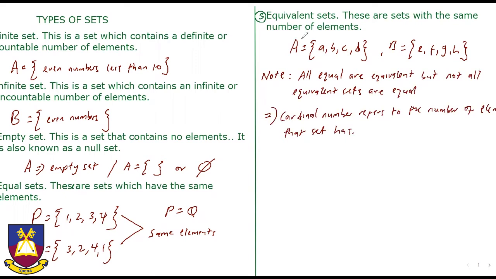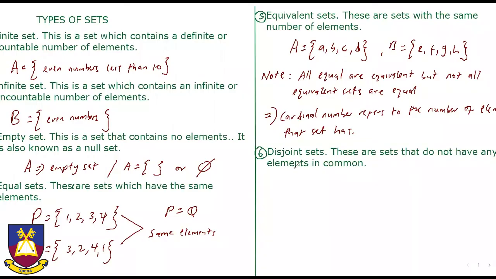For example, set A and B, both of them have 4 elements, so their cardinal number is 4. And that means that all equivalent sets should have the same cardinal number, because for two sets to be equivalent, they have to have the same number of elements.